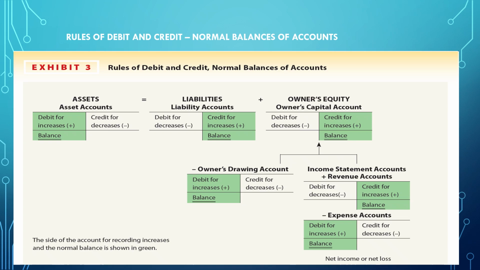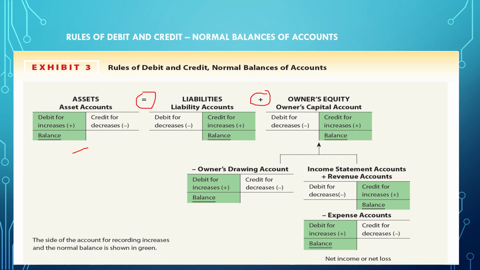So to summarize the rules of debit and credit, we have this exhibit, okay? So remember we have the assets, liabilities, and owner's equity as part of the equation. Then we have here the normal side of assets are on the debit because it's in the debit or the left side of the equal sign.